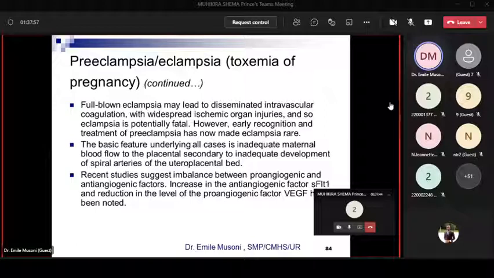So this is why it is an emergency. You will see it when you are in hospitals. They say full-blown eclampsia may lead to disseminated intravascular coagulation, with spread ischemic organ injury. So this is why eclampsia is potentially fatal. It is an emergency.